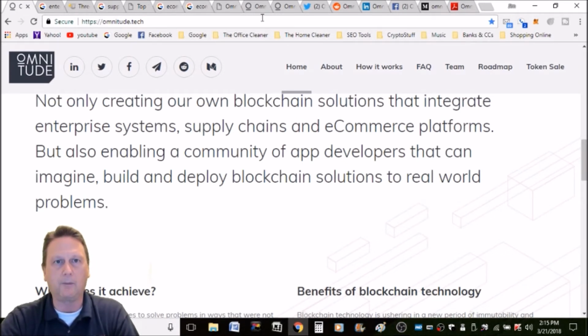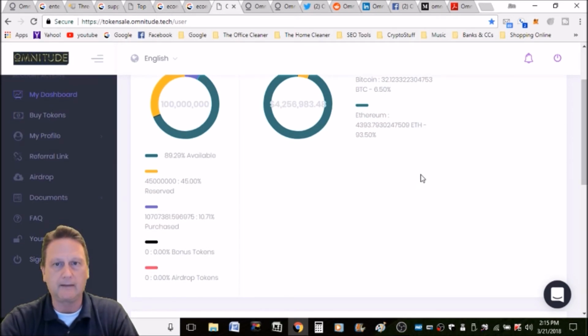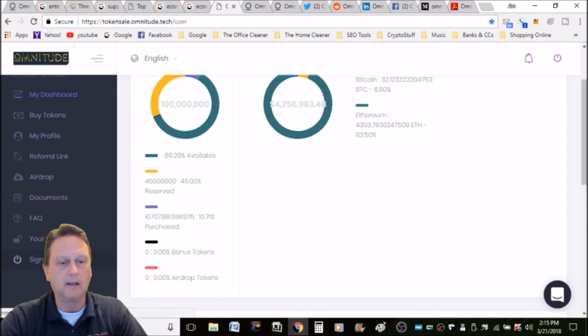Okay, and real quick, I will show you what it looks like after you have registered with them. This is inside your dashboard. They take Bitcoin and Ethereum, and again, it's as of March 28th. So you can go ahead and set your account up now and do your KYC. You've got your things on the side here. Your KYC is down here.